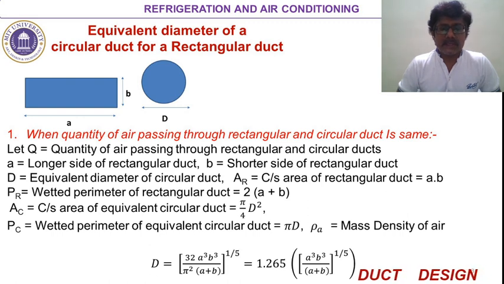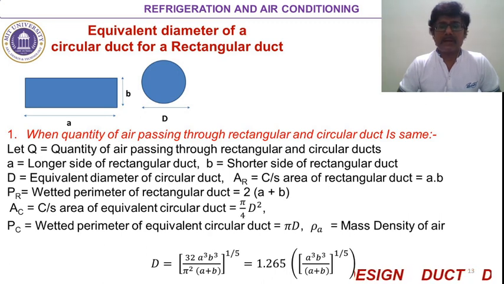Then to obtain the equation for capital D for this condition of the same discharge, the parameters used are: capital Q, the quantity of air passing through the rectangular and circular ducts; A, the longer side of the rectangular duct; B, the shorter side; capital D, the equivalent diameter of the circular duct; A subscript R, the cross-sectional area of the rectangular duct, A into B. Remember, it is a cross-sectional area, not the surface area.